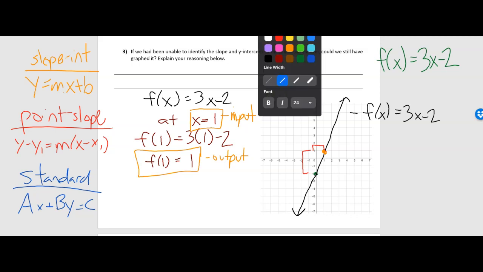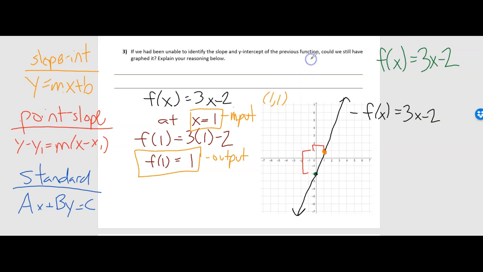If I choose another input, let's do a negative number. Let's do negative 2. So I have f of negative 2 is equal to 3 times negative 2 minus 2.